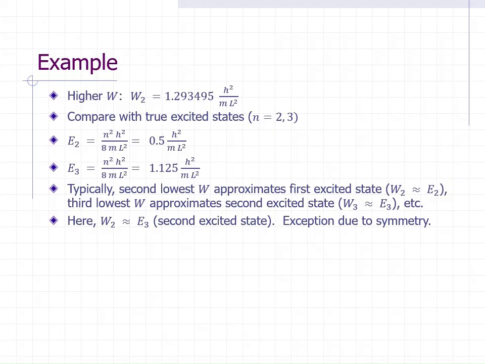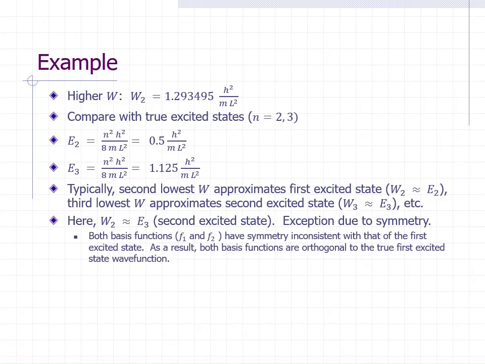This exception arises because both F sub 1 and F sub 2 have symmetry that is inconsistent with that of the first excited state. As a result, both are orthogonal to the true first excited state wave function, and no linear combination of F sub 1 and F sub 2 can adequately approximate the true first excited state.